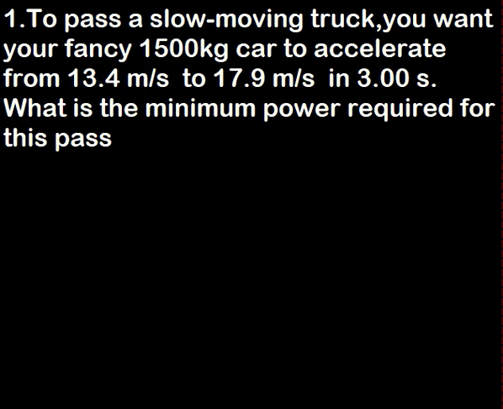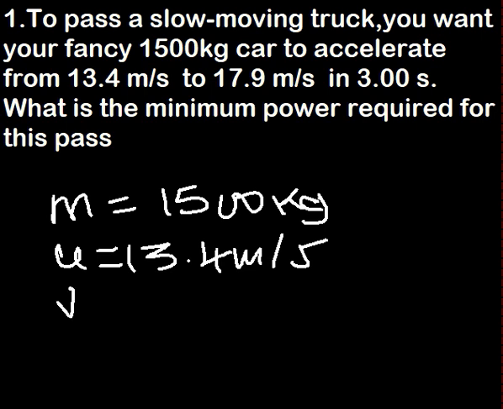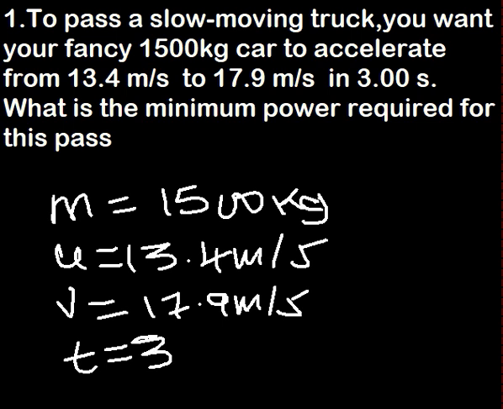So keep that in mind. Let's say this is the question. To pass a slow-moving truck, you want your fancy 1,500 kg car, so we have the mass given as 1,500 kg, to accelerate from 13.4 meters per second, that's the initial velocity, to a final velocity of 17.9 meters per second, and we have the time, which is 3 seconds.